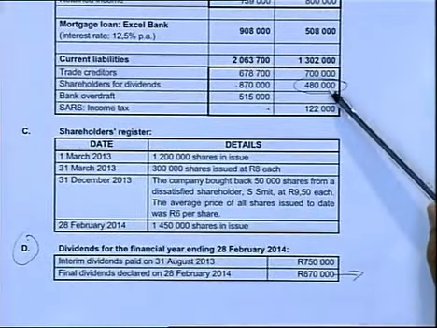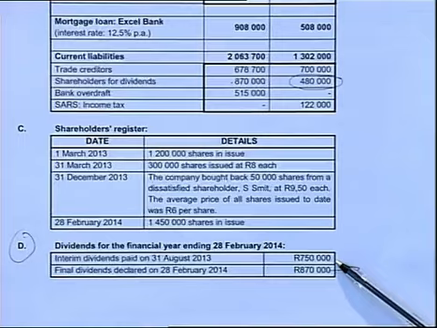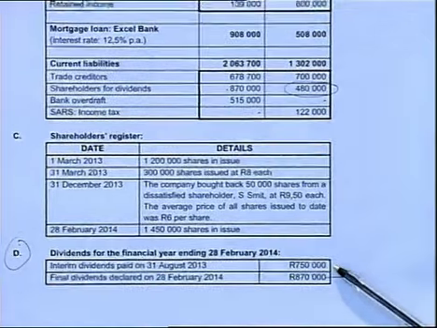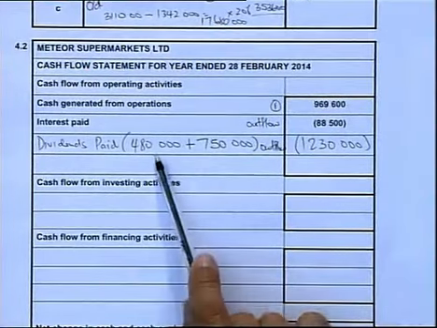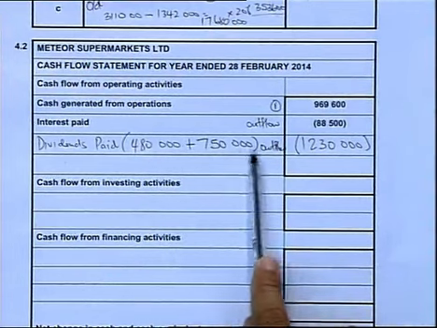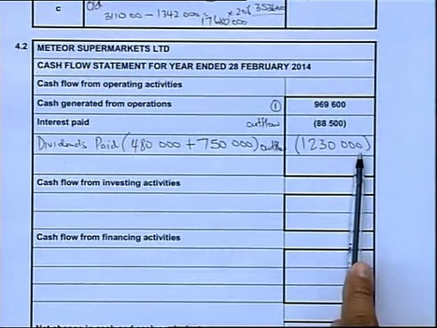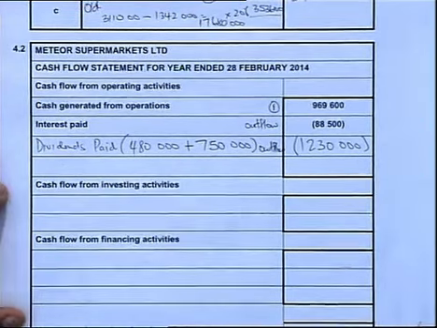It's the opening balance, which is last year's closing balance of 480,000, plus the interim dividend of 750,000. So for the dividends paid, opening balance of the shareholders plus the interim dividend gives me a total of 1,230,000.